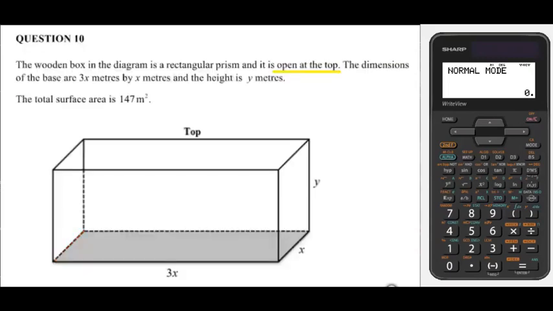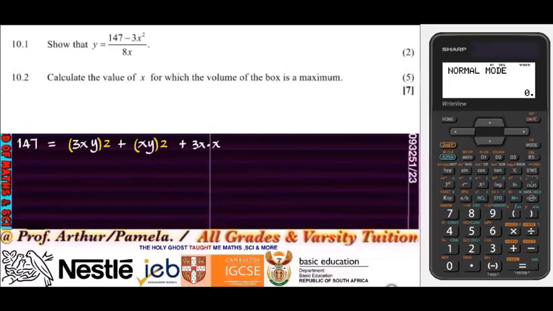Everything is gone. All right. So now we want to solve for y. So I'm going to go a little bit faster. We got 147 equals, this one becomes 6xy, then plus 2xy, then plus 3x squared.